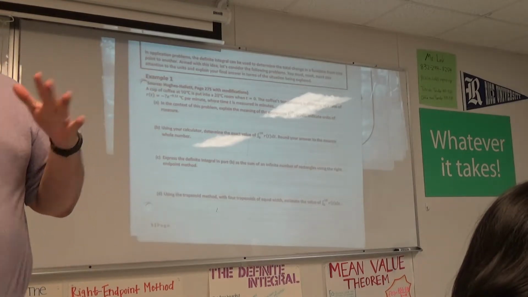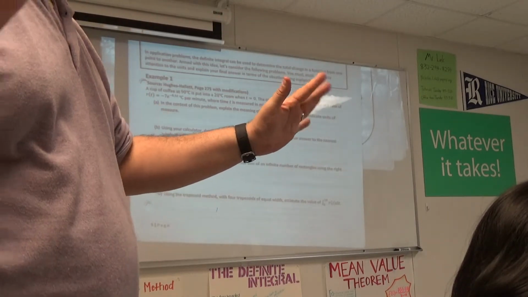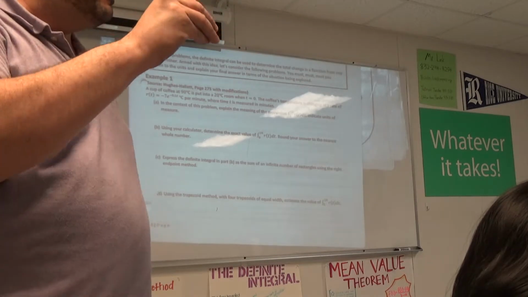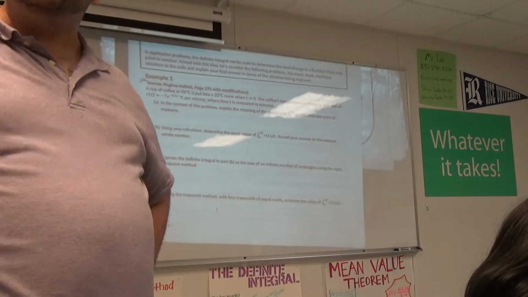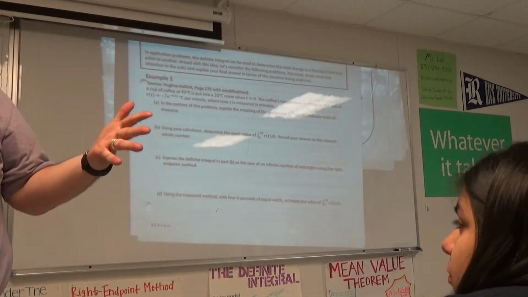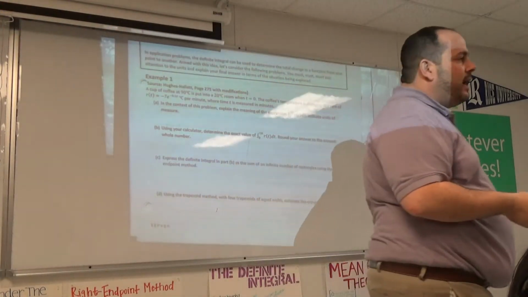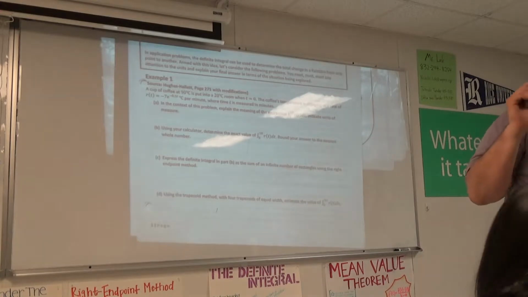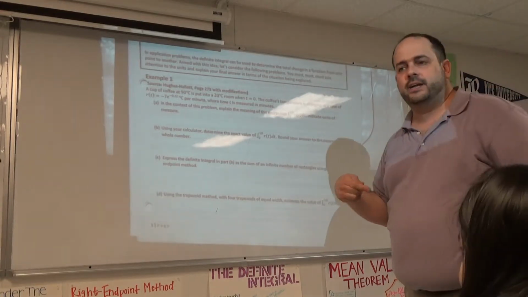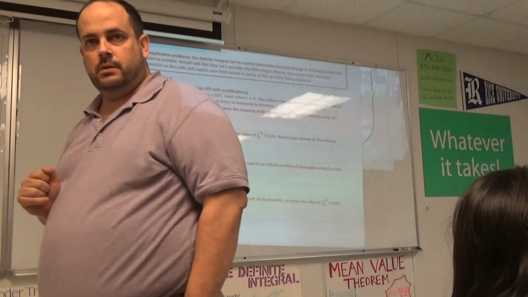Think about this for a second. Forget about calculus just for a moment. Salma, what happens to the coffee? It cools down, right? It starts off at 90 degrees Celsius and it cools down. Now, I'm curious. Will the temperature of the coffee ever get to be 0 degrees Celsius?